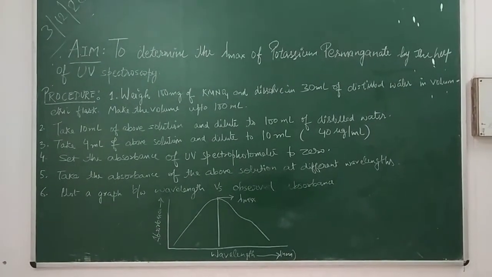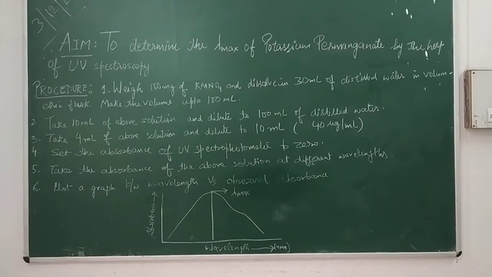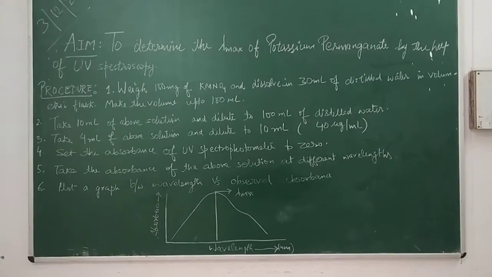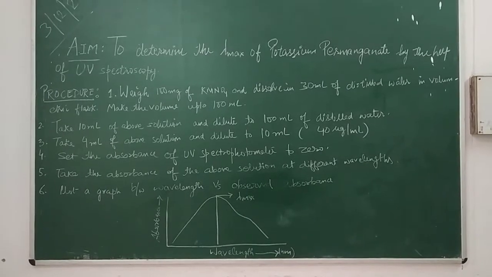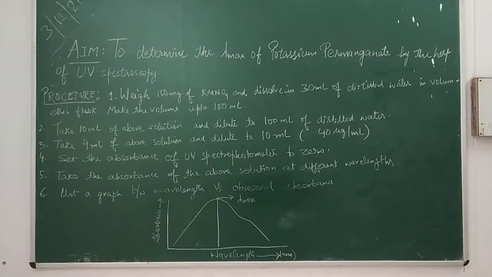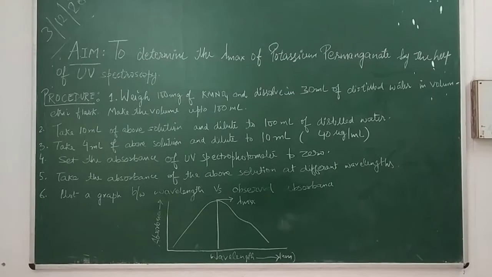Lambda max is that wavelength of ultraviolet rays at which the absorbing species absorb the maximum number of rays.